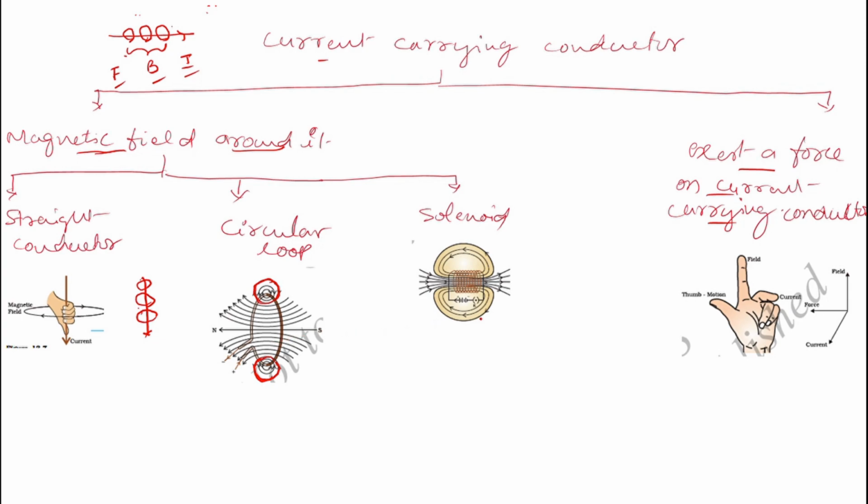Okay, now solenoid you see. Here it is a circular loop. What is a solenoid? That we will see first. See, a coil of many circular turns of insulated copper wire wrapped closely in the shape of a cylinder is called a solenoid.